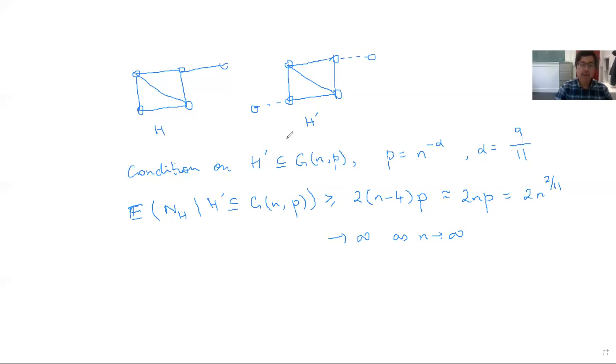So let me give you one more example, not to do with graphs, just with random variables, to explain what's happening. But this is the picture for the graphs. So let's now, ignoring graphs, just consider a sequence of random variables. Xn is the random variable which takes values 0 or n.